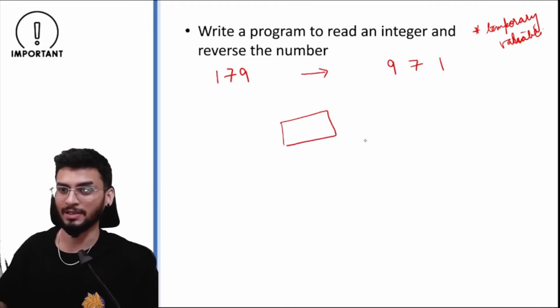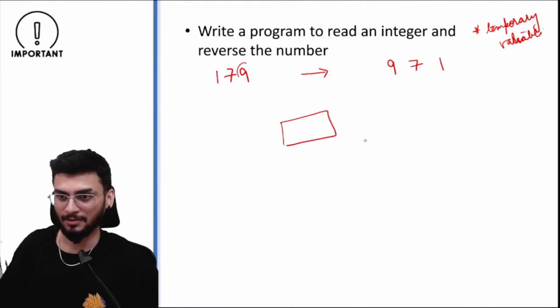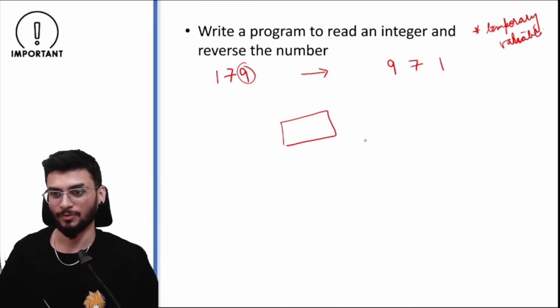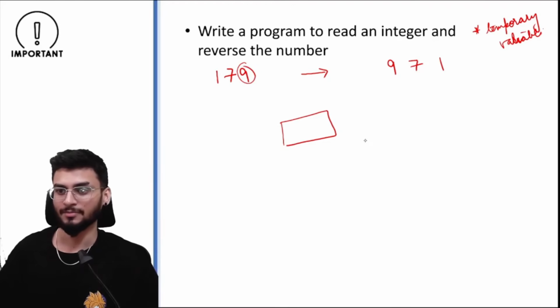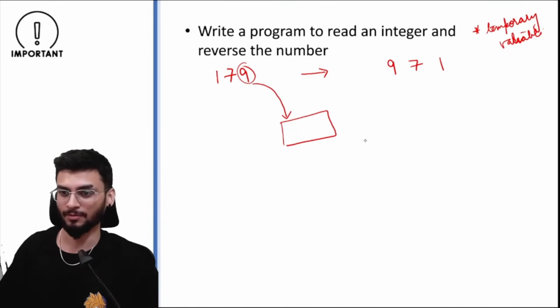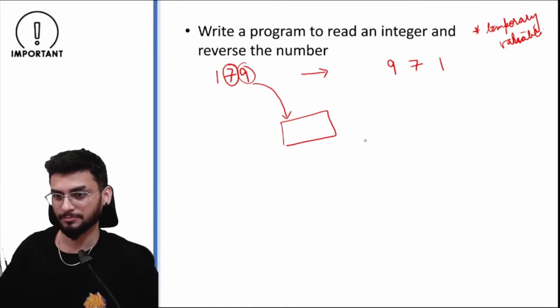What I start by doing is, I extract the last digit from the original number, and instead of storing it in the last position again, I can store it in the first position. Then I can take the middle digit, I can store it in the second position.